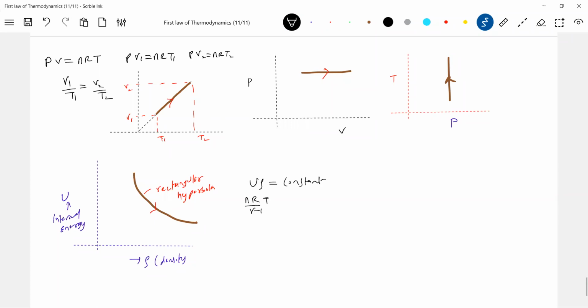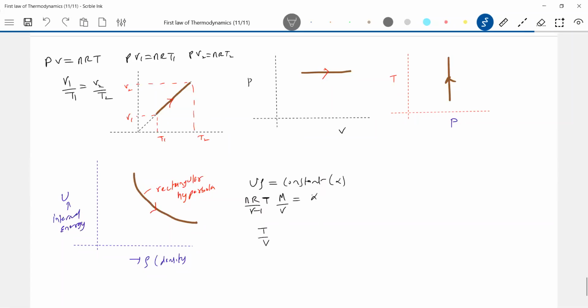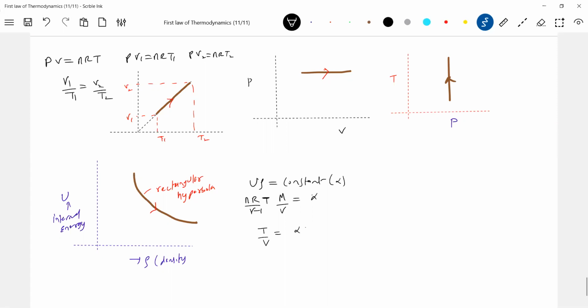What is the density? How do you write density? Density equal to mass by volume, mass of gas by volume. So constant, let me write it as alpha. Let me write T by V is equal to alpha times gamma minus 1 by nRm. Let me use the ideal gas equation.